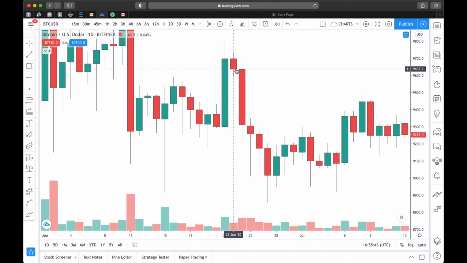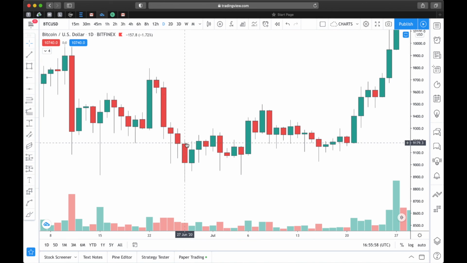Do you understand? The next candle opened where this one closed, and then it closed here. It means price is currently dropping. Then the next candle opened here again, and then dropped. You can see here, price opened here and closed here. The next day, price opened where this one closed, but because price increased that day, the opening price was below the closing price, which means price went up.